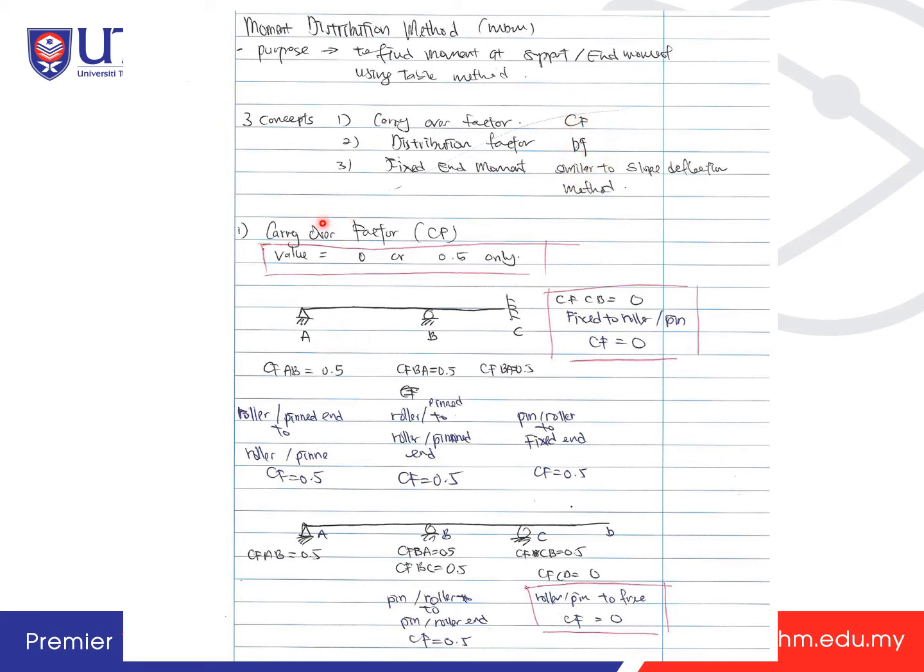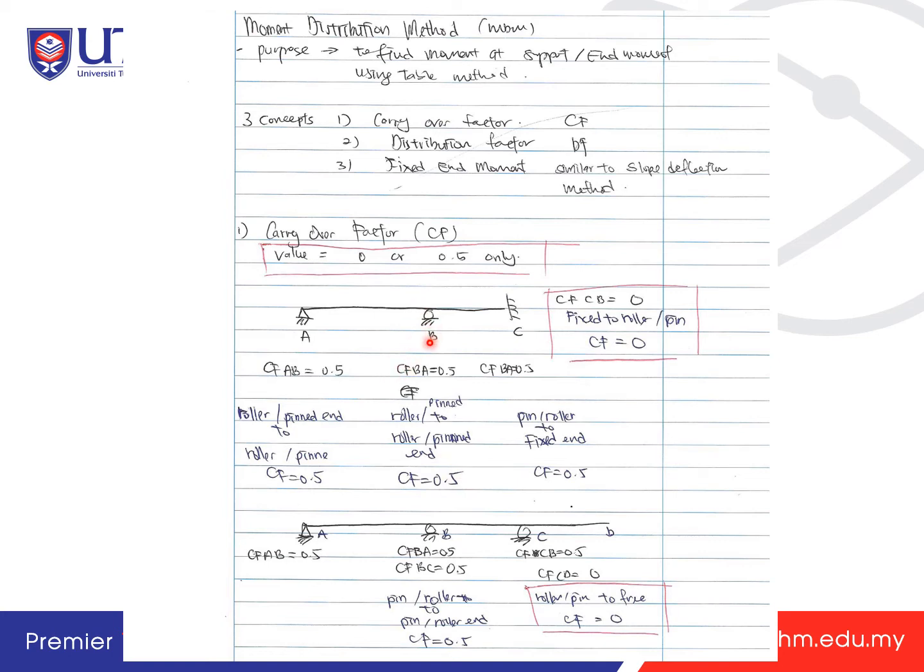For the carryover factor, you can see that the value is either 0 or 0.5 only. It is 0.5 when going from the fixed end to the roller or pin, A to B, so you get 0.5 here. Roller or pin in the middle to the roller or pin end, you get 0.5.